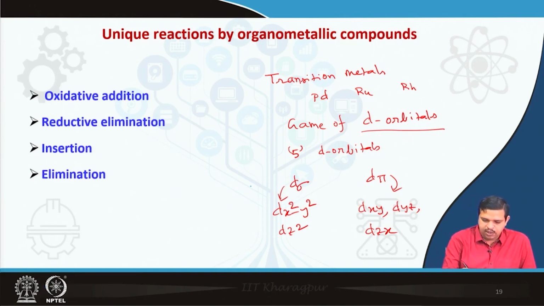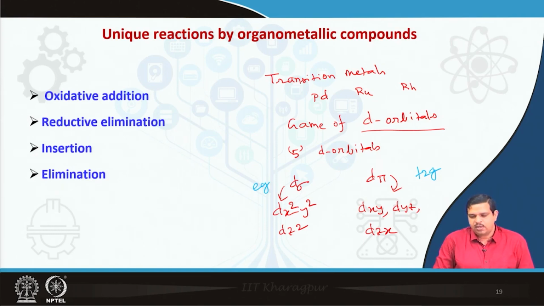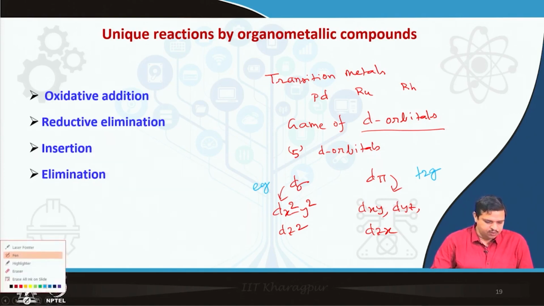There we learnt it as Eg, and here we learnt it as T2g. It is nothing but d sigma and d pi, categories according to their symmetry.